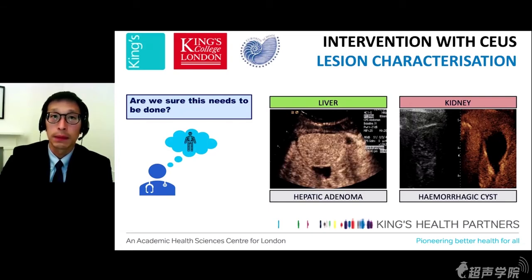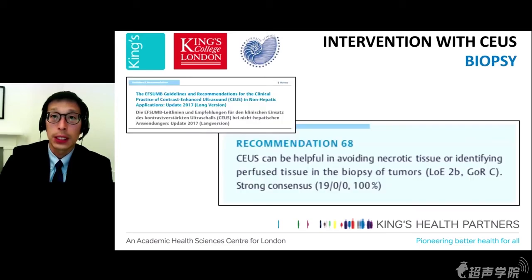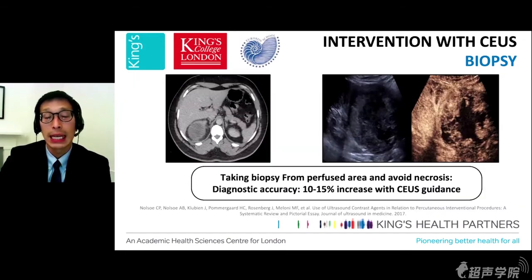the patient. But once you've decided that you're going to go ahead with the biopsy procedure, contrast ultrasound firstly can help you to avoid any necrotic tissue and identify a viable tissue within the target lesion that you're biopsying. And this may improve your diagnostic accuracy. Here we have an example of a large renal cell carcinoma with a large necrotic center.